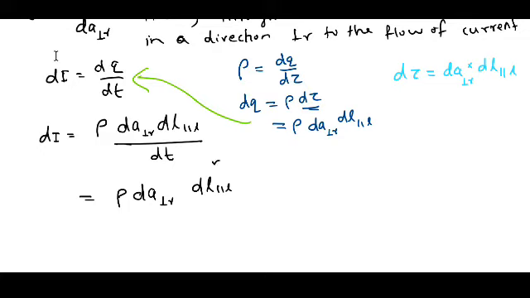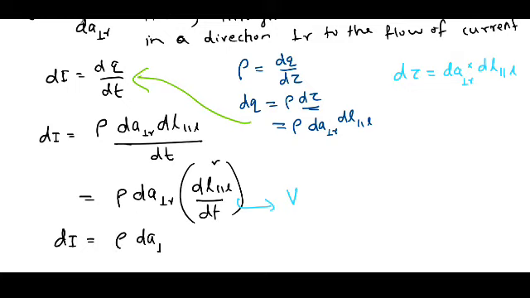The displacement of the charge takes place along the direction of this length element. That's why we have taken dl parallel, divided by dt, and dl parallel by dt is nothing but V. That is, di is equal to rho dA perpendicular into V. This V is the velocity of the charge.